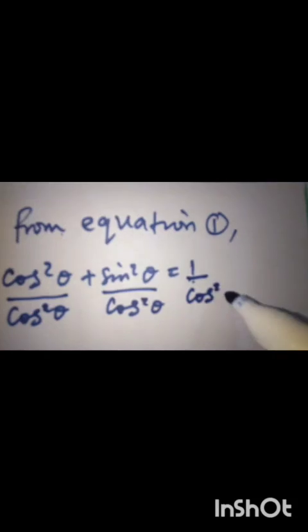If I divide all through by cos squared, the cos squared over cos squared cancels, we have 1.